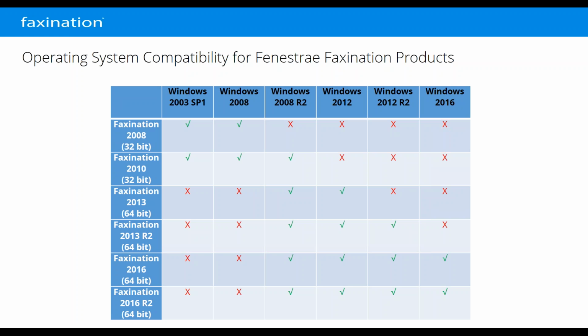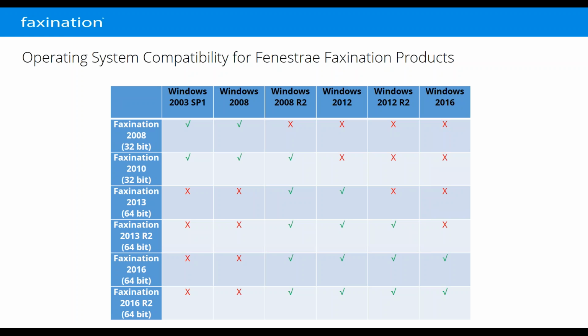So Windows Server 2012, you can use Faxination 13 or Faxination 2016. The bare minimum will be 2008 R2, 64-bit only. And then you're forced to use 2013 or 2016. The releases, the R2s, the service packs, we don't care.